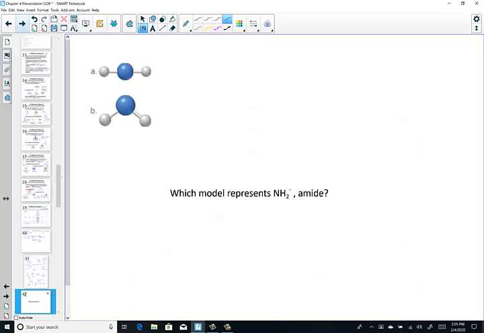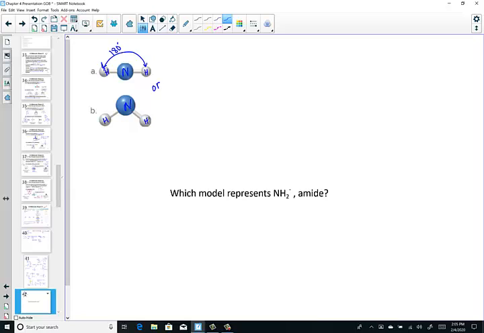Let's keep practicing. Which model represents NH2 negative, amide? So we have a choice. If this is the nitrogen, does it lead out to have 180 degrees as the bond angle to each hydrogen? Or is this the nitrogen leading down to the hydrogens?